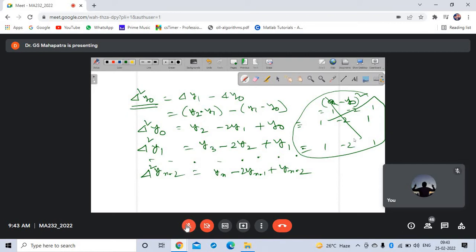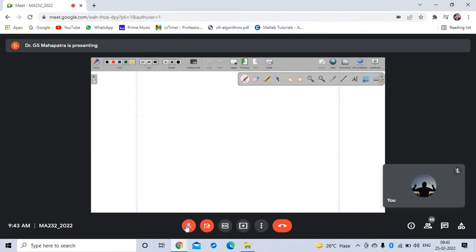Okay, fine. Next, third order differences. Next one is third order forward differences. So now third order forward differences of y equals to f of x. What will be the answer?